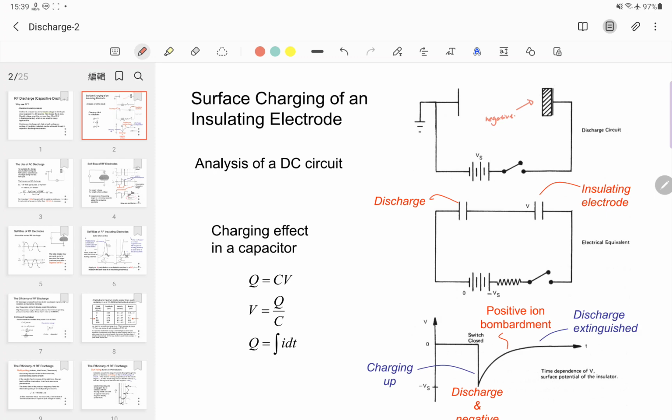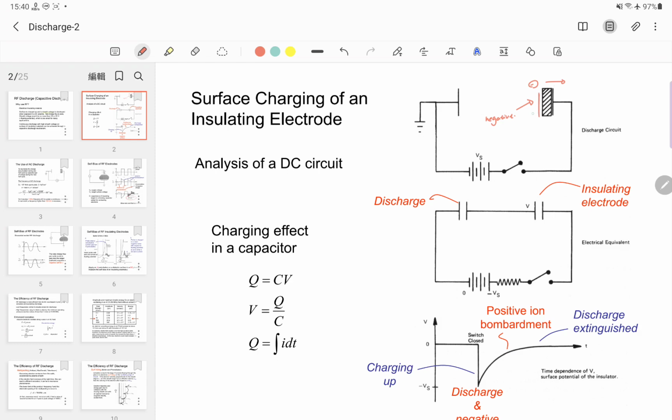And at this side, right next to the metallic electrode, the insulator surface will charge up positively. Okay. And the other side of the insulator will charge up negatively. So actually, the surface of the insulator also charges up negatively.